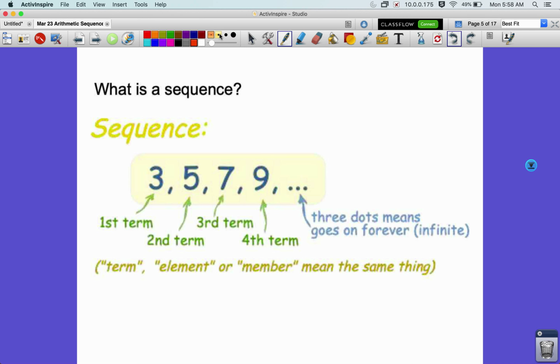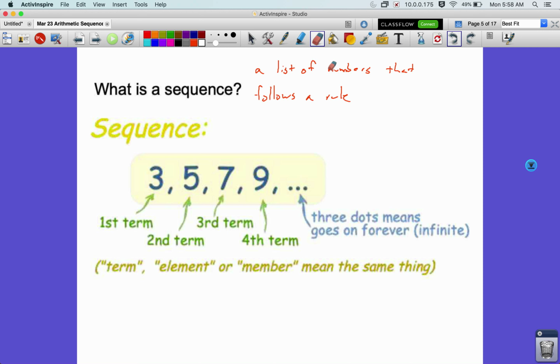All right, so the first question is, what is a sequence? And this is how I would define a sequence, and this is how you should write it in your notes. It's a list of numbers that follows a rule of some sort.